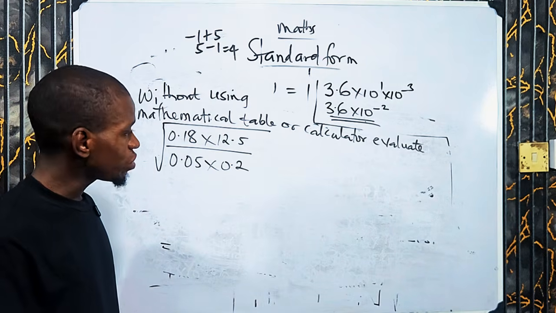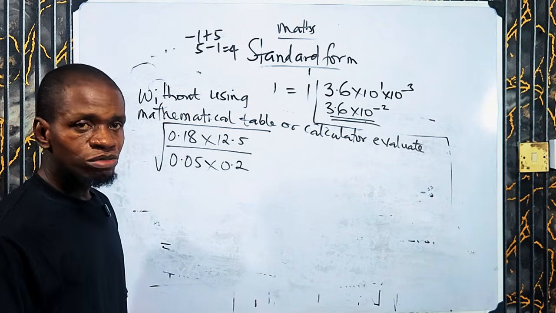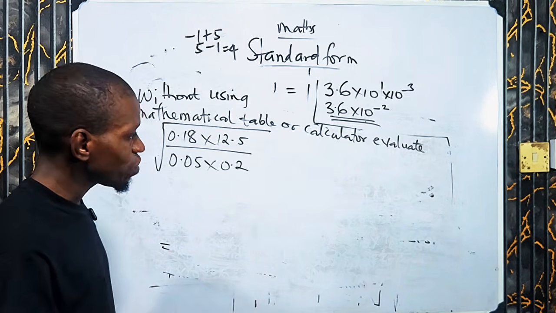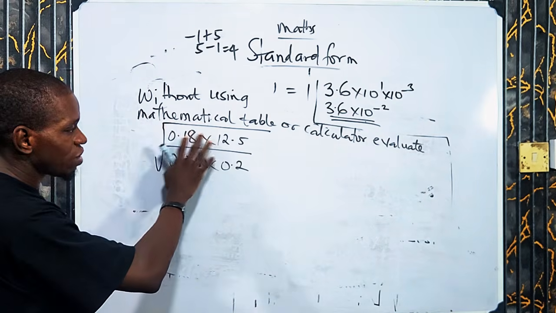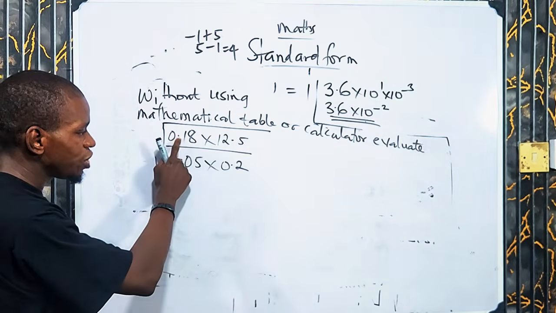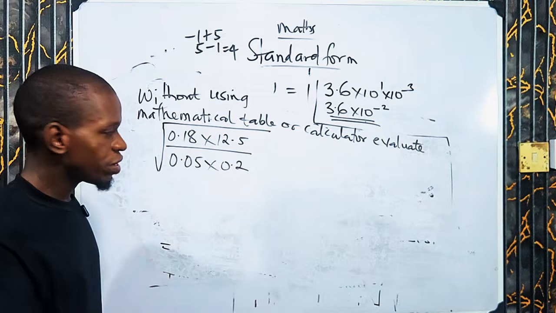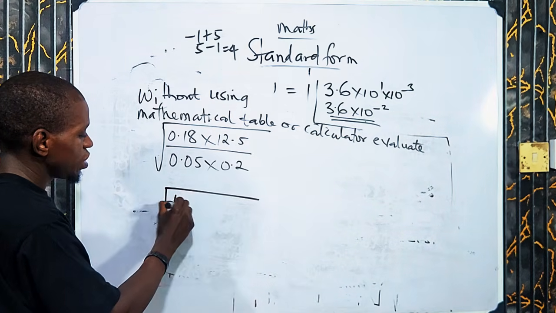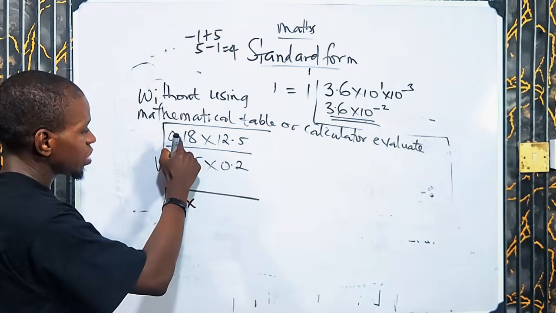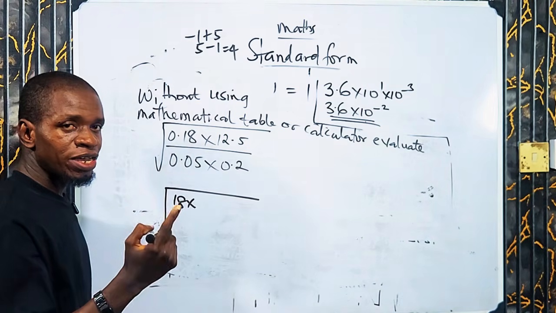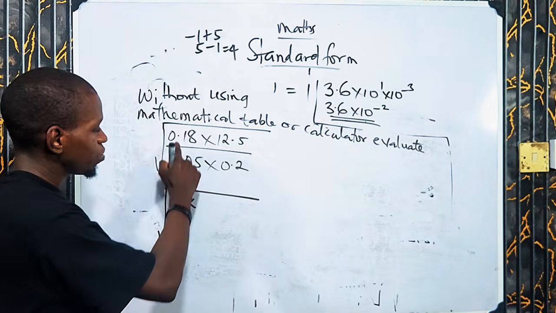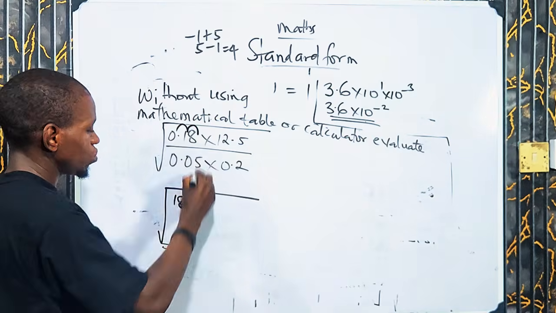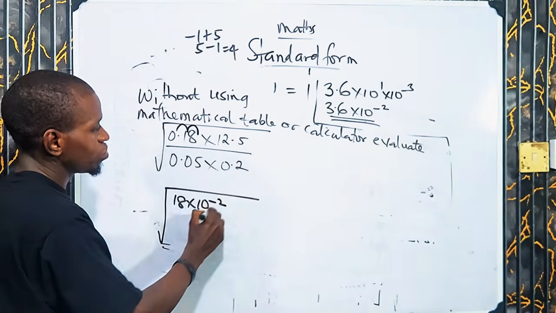First thing first, always remember the rule. What are you going to do first now? If you are to solve any question, whenever they say without using calculator or four-figure table, always remember to move the point to the back. So that's the first thing you are going to do. You just say 18 times 10 to the power, how many times from front to back? From front to back, it is going to be negative. So I'm going to move it 1, 2, and have 10 to the power minus 2.